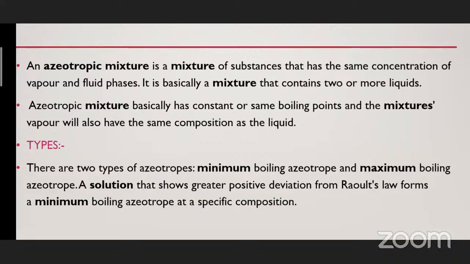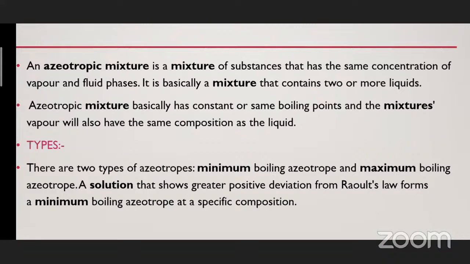Next, coming to the maximum boiling azeotrope. Maximum boiling azeotrope means what? We have to heat it to very large temperatures. Why do we need to boil it at very large temperatures? Because the interactions are much bigger. When the interactions between the solute and solvent are more, it exhibits a negative deviation.